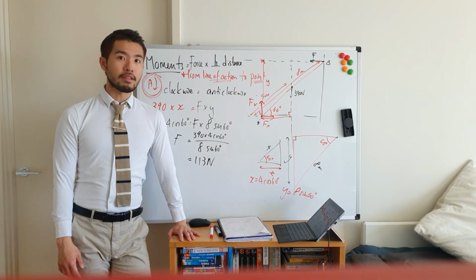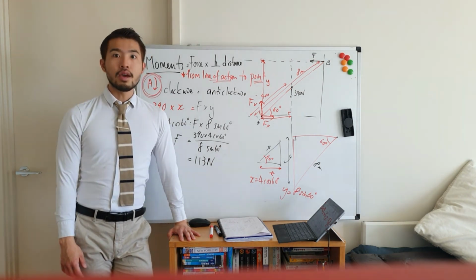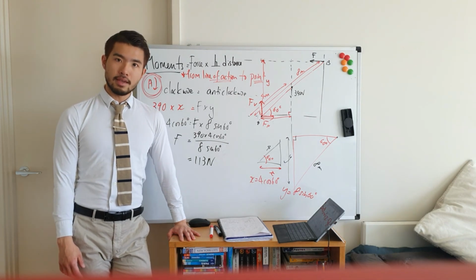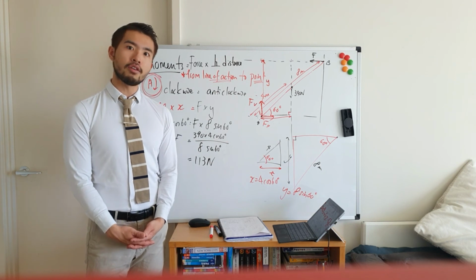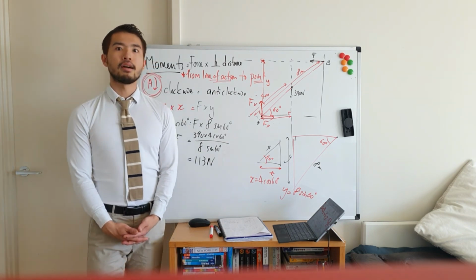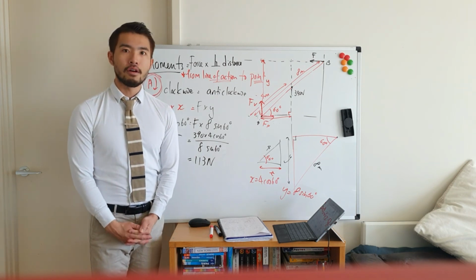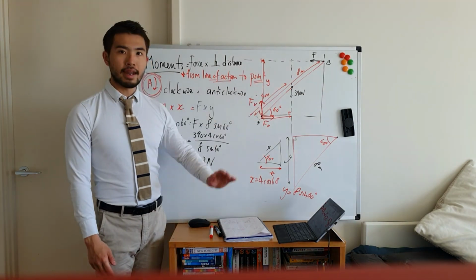We also know that the first type of difficult questions they can ask you is that one of the forces is at an angle. In that situation, you need to resolve it into vertical and horizontal forces. In the second type of difficult moment questions, the rod might be at an angle as well.